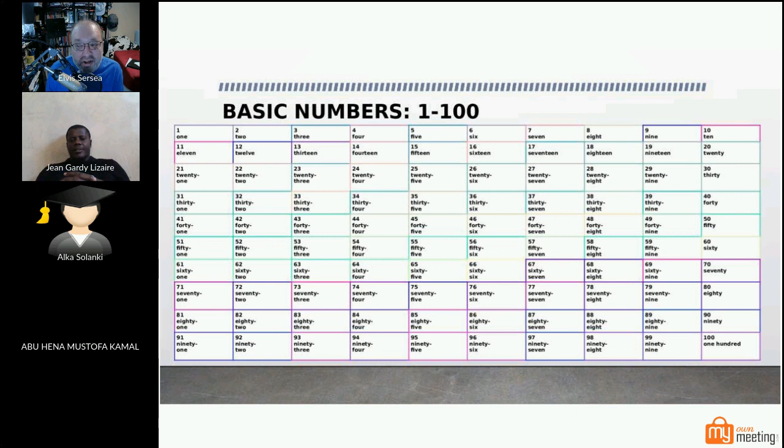Good. And 30. And notice again the air along the tongue. 30.